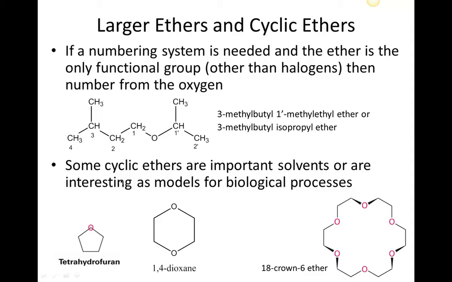We also have a lot of cyclic ethers, and you should know these. This is tetrahydrofuran, and it's a 5-membered ring, and the oxygen is one of the members of the ring. It's abbreviated THF. And again, that's a very common solvent that you'll see used in lab or in the book.